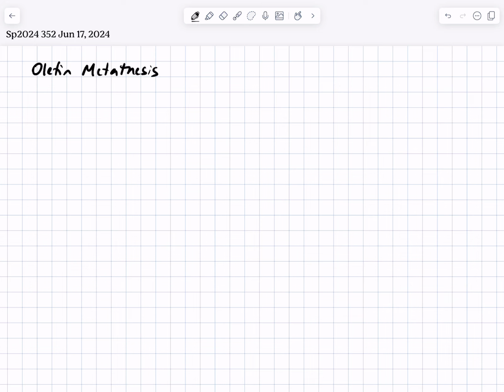It involves a ruthenium catalyst, and there are various versions of this, but the most famous is one that was developed by Professor Bob Grubbs at Caltech, who died a couple of years ago, but won the Nobel Prize for this at some point in the 2000s.